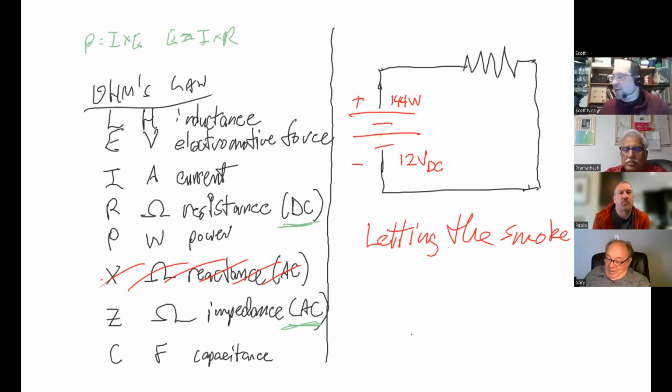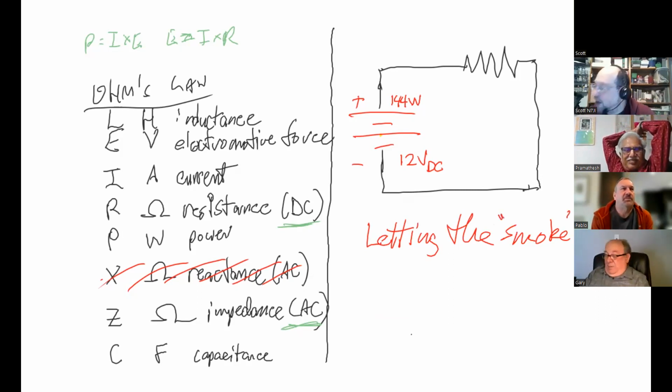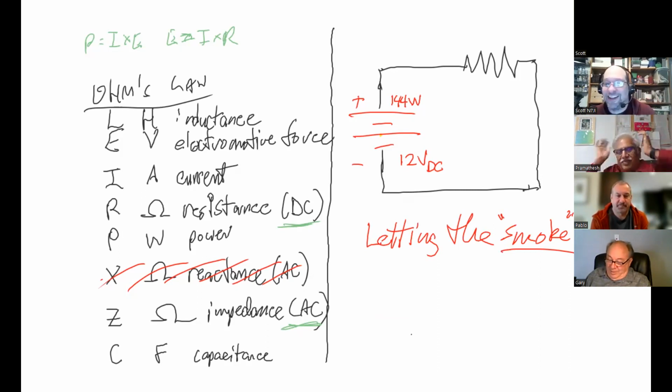Because smoke is the magic stuff inside electronic components that makes it work. So all electronic components contain this stuff called smoke, right? As soon as you do something bad, it lets the smoke out. And since smoke is magic, the smoke is what causes it to work in the first place. If you let the smoke out, suddenly it doesn't work anymore. At least that's the easiest way to think about it.